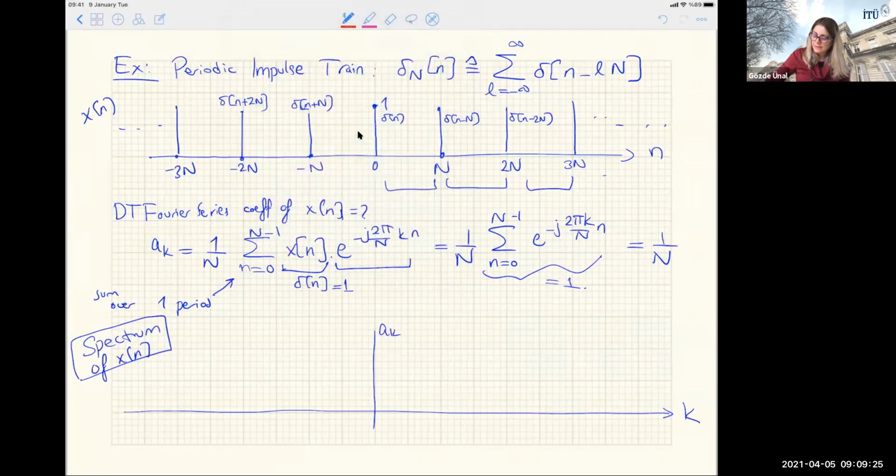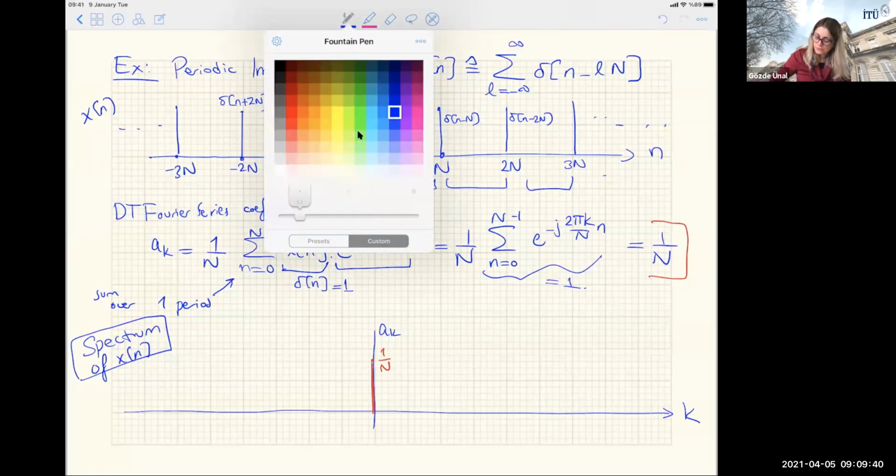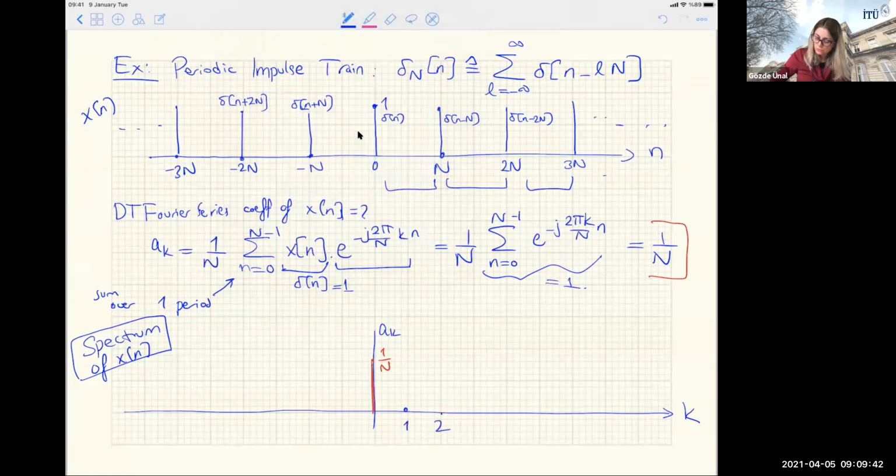You see, AKs are again discrete, in a way delta n, but with amplitude 1 over n. Let's do again these 1, 2, 3, the K indices. Remember, these correspond to multiples of a fundamental frequency, but here it's all in the discrete representation, -5, -6, -7. Okay, so this was 0.